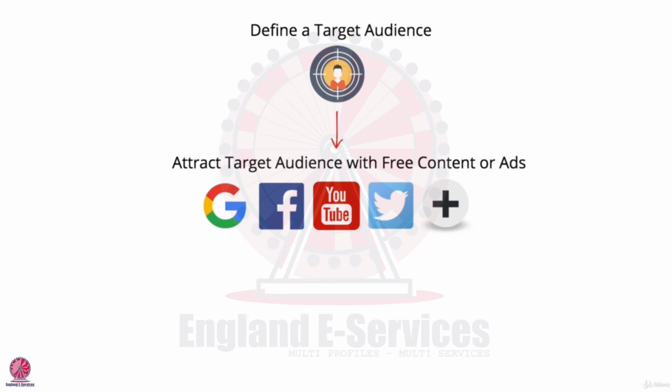And you really want to go onto the platforms that your target audience are already using. That could be search engines like Google, Facebook, YouTube, Twitter, Instagram, LinkedIn, whatever. And in terms of how you attract them with free content, there are three types of content that you can really make.